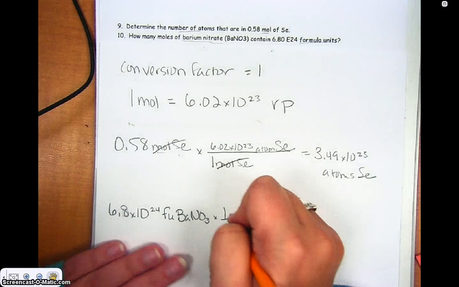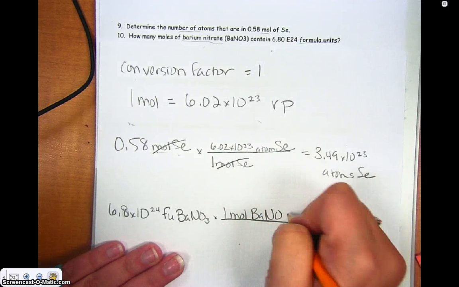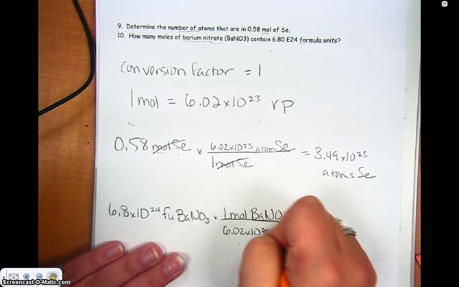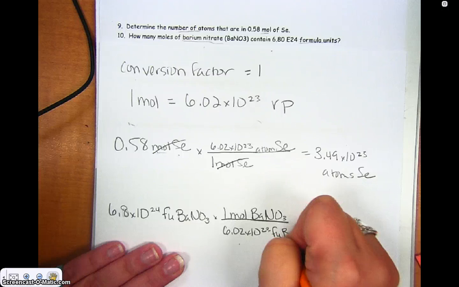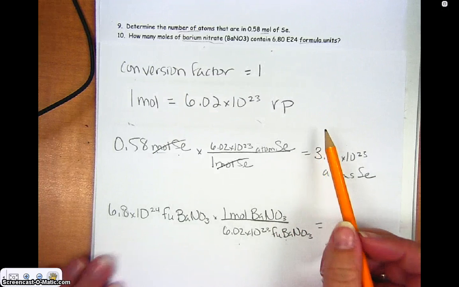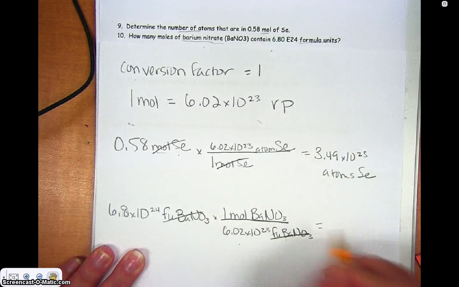So I'm going to say 1 mole of barium nitrate is 6.02 times 10 to the 23rd FUs of barium nitrate. Because remember that an FU is the representative particle for an ionic compound. So my FUs will cancel.